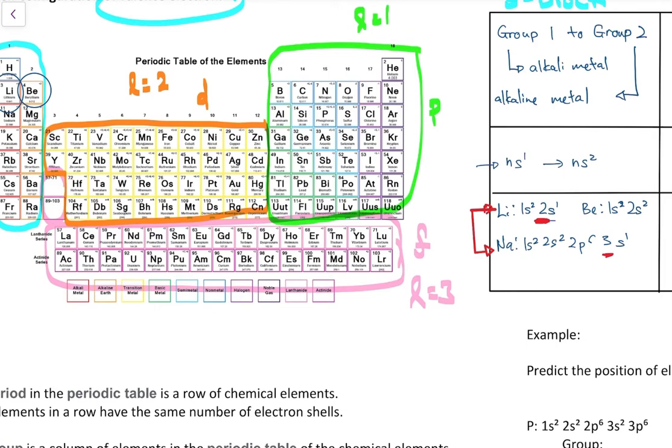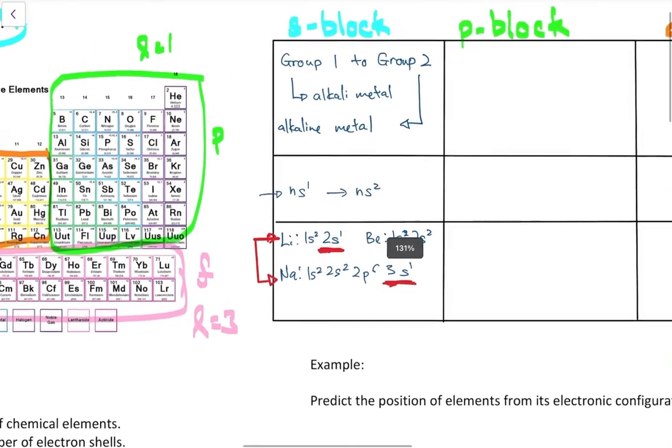But the valence electron configuration is still the same because they come from the same group. They both have s1 as their valence electron configuration, except that they have a different principal quantum number because they come from different periods. So that's for the S block.